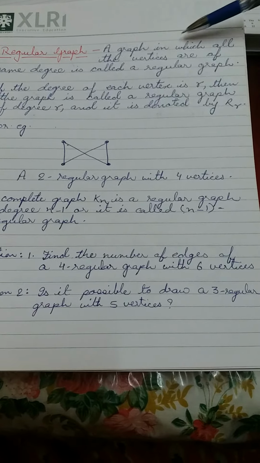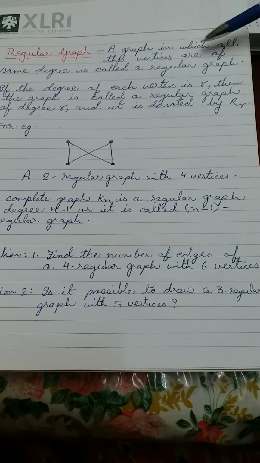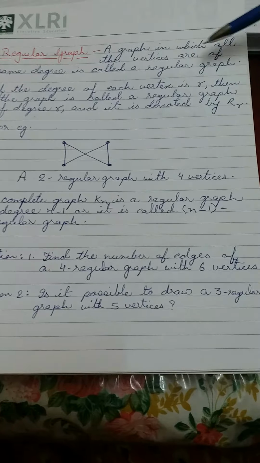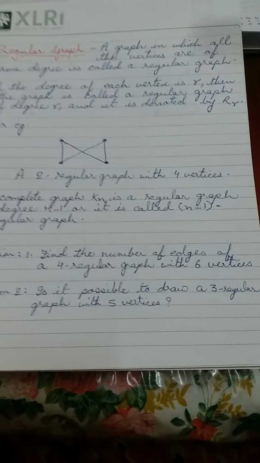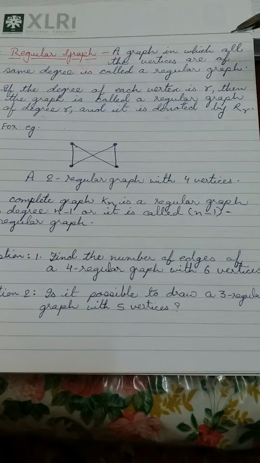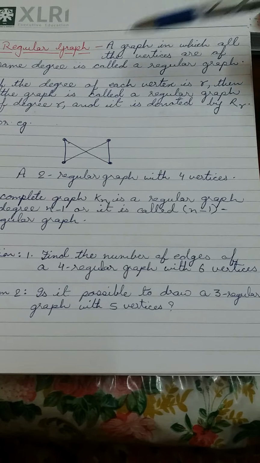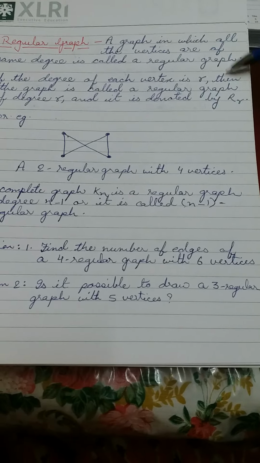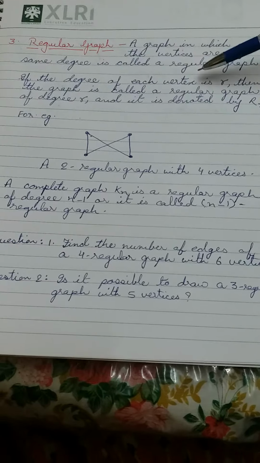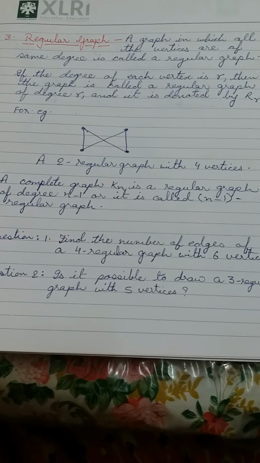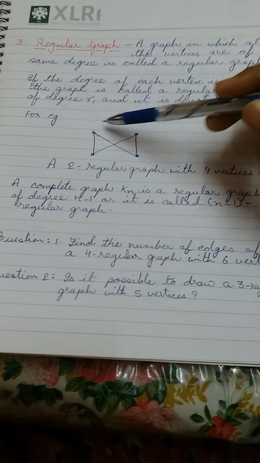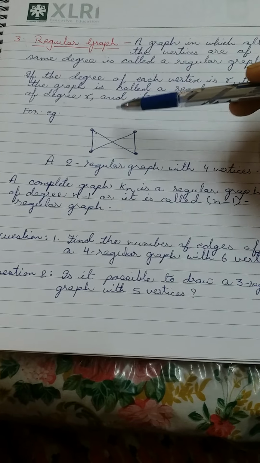A graph in which all the vertices are of the same degree is called a regular graph. If the degree of each vertex is r, then the graph is called a regular graph of degree r and it is denoted by r. For example, this is a 2 regular graph.